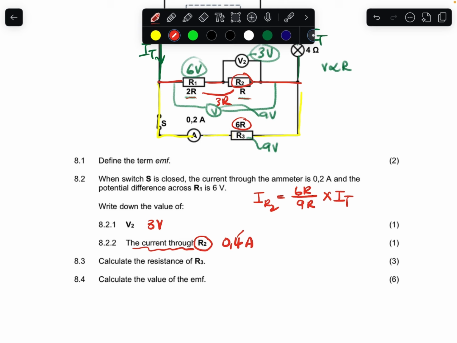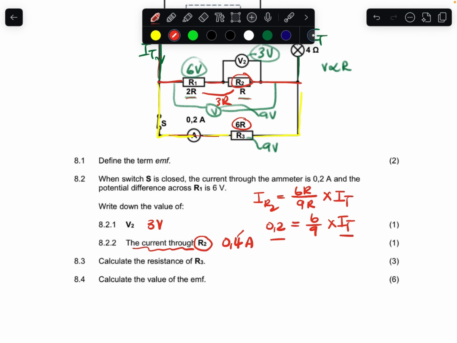In order to get the total current there, we take this current here, this is 0.2, we substitute it here, and then it's a 6 over 9, and we times by the total current. We want the total current. The total current is 0.6. The current that passes here, we want the total current that comes there.